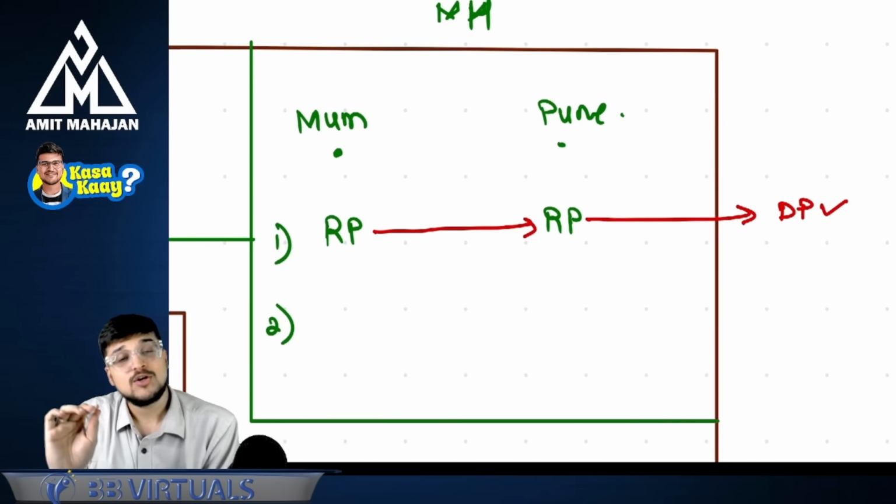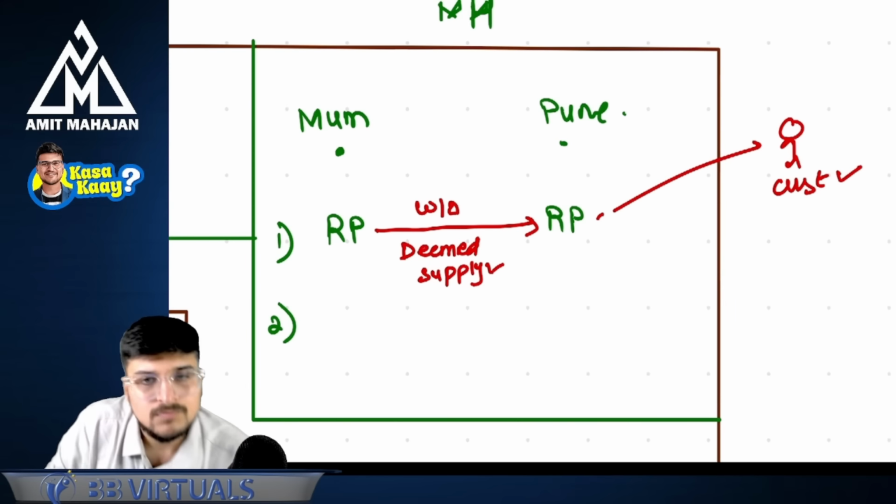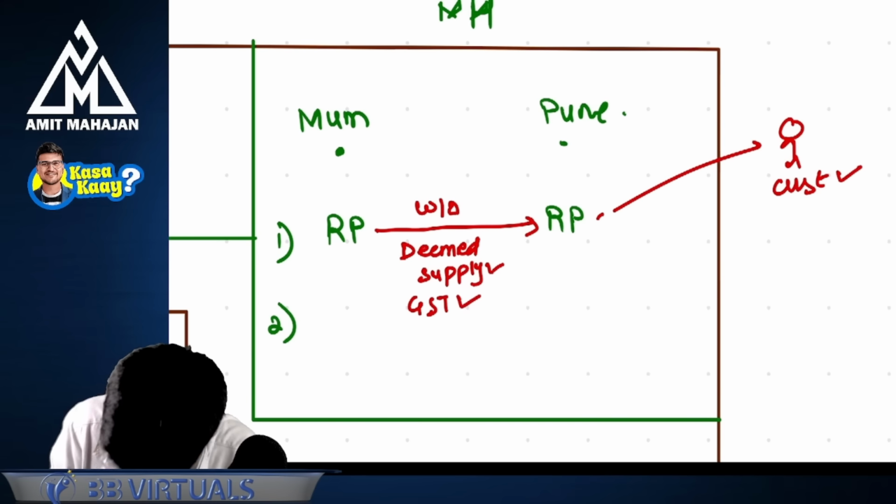Understanding? So they are saying that this is without consideration. Of course, it will be considered as deemed supply. Okay, this will be considered as deemed supply, and GST will be applicable on this. Which means in this transaction, even though it is without consideration, GST will be applicable on it.